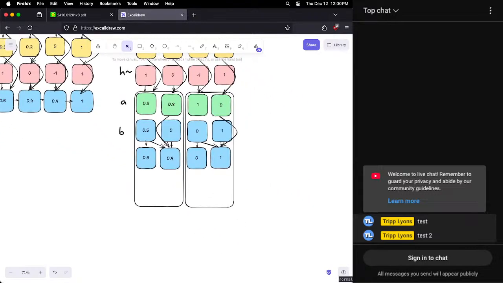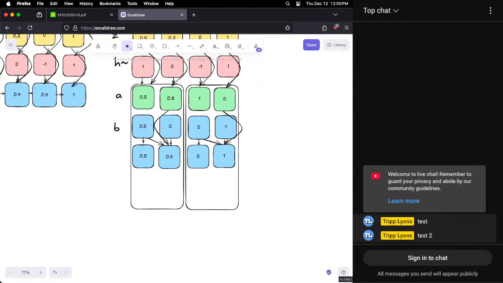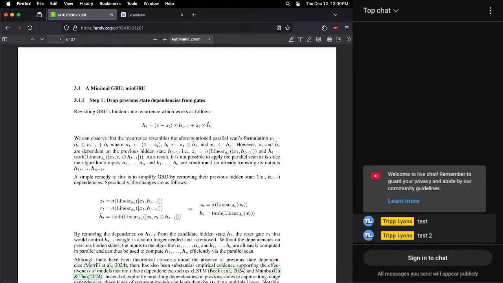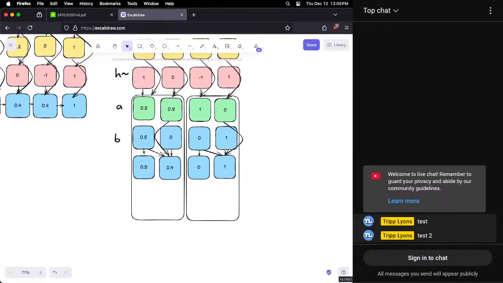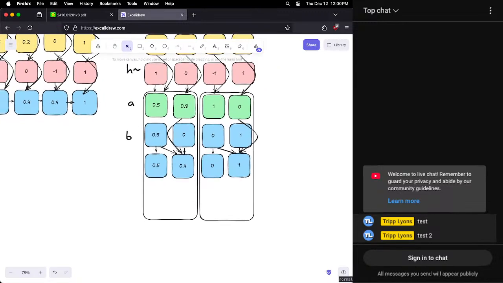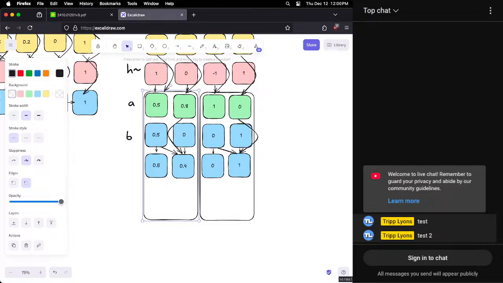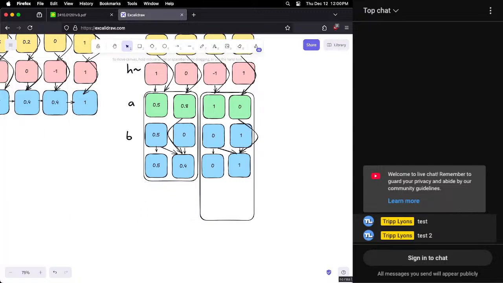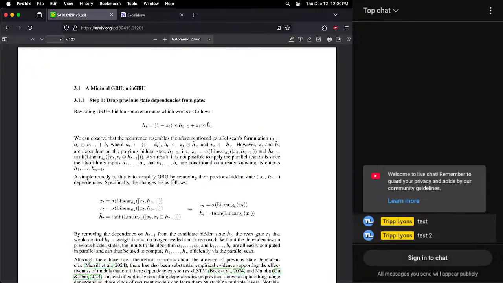And then we also need to update the weights, I believe. Let's see. No, I don't think we do in this formulation. Okay, yeah, we don't need to. Now, do we?